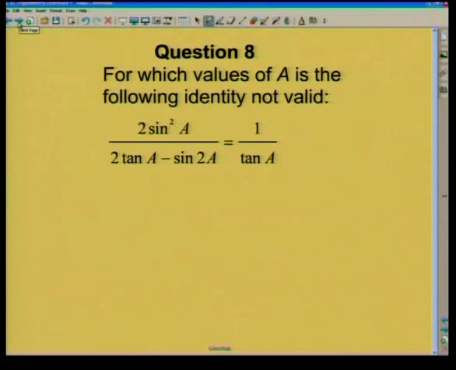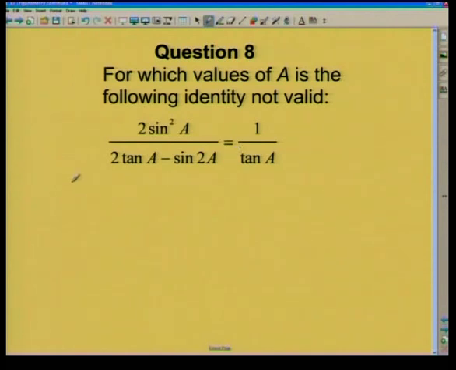So right, let's look at a question. I think that sort of puts it into perspective for us, and it's actually very easy. Here we have it. Question 8 says, for what values of A is the following identity not valid? Right, let's look. We've obviously proved this identity, so I'm not going there. I'm just going to talk about validity.